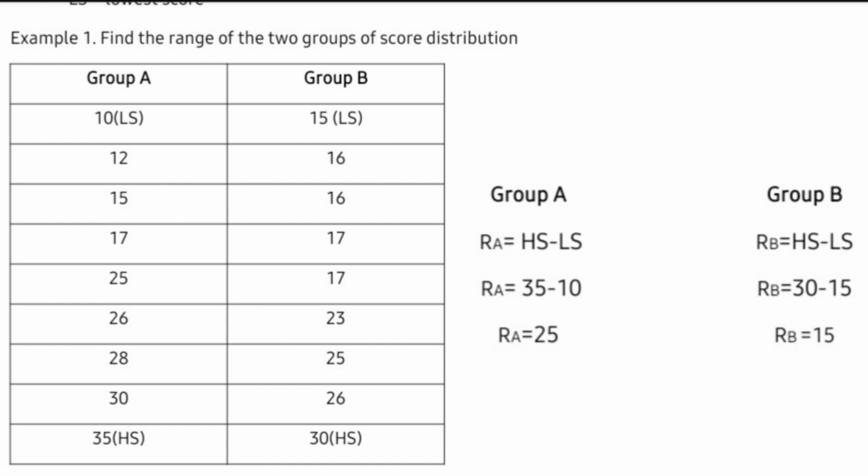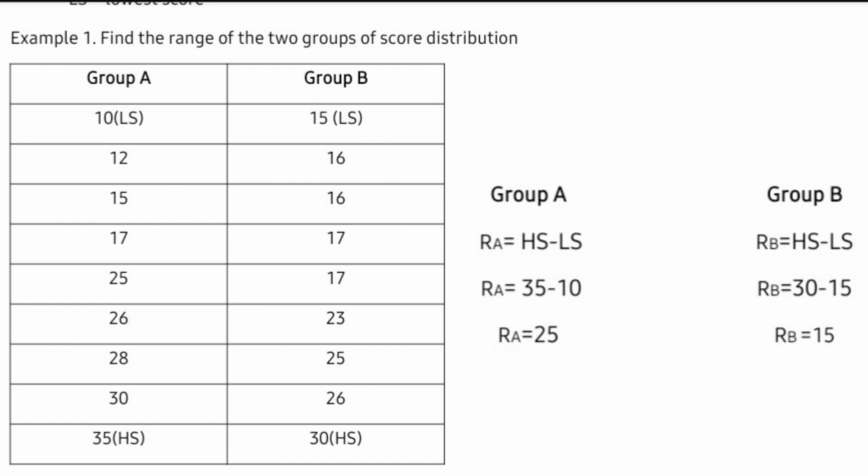So we do highest minus lowest, which equals 25 for Group A. In Group B, the highest score is 30 and the lowest score is 15. So highest minus lowest is 15.